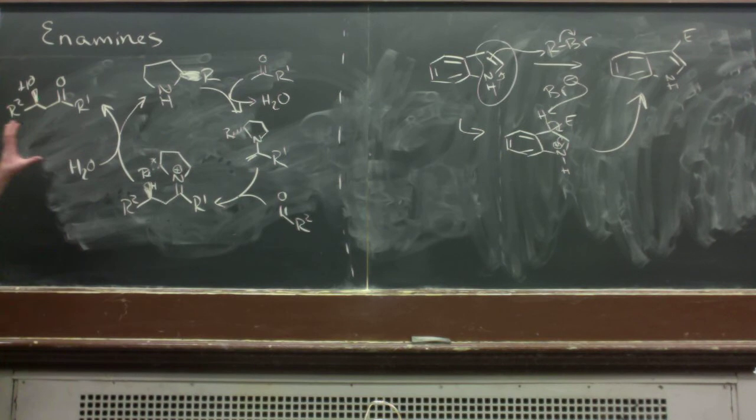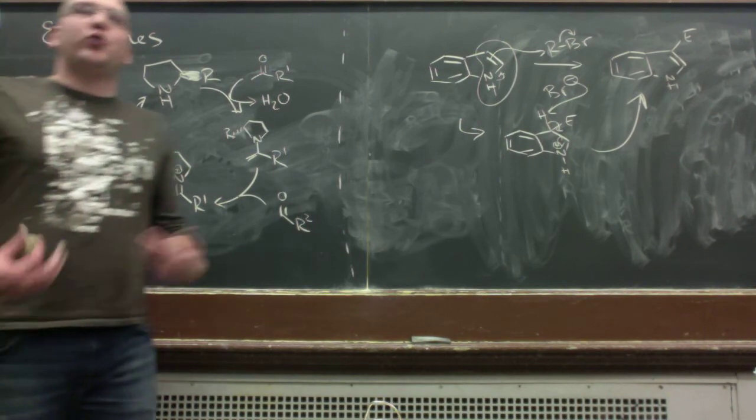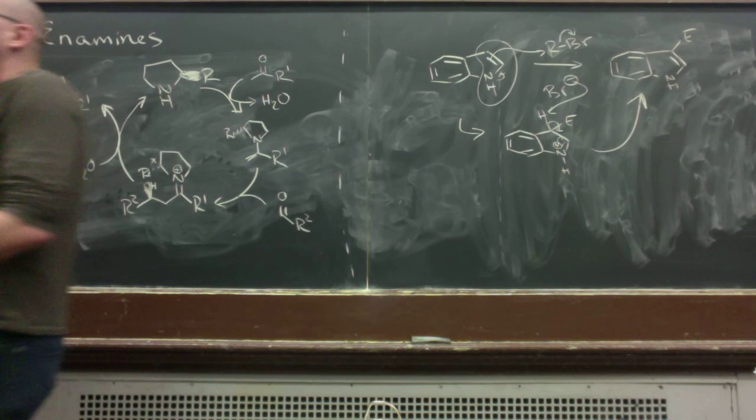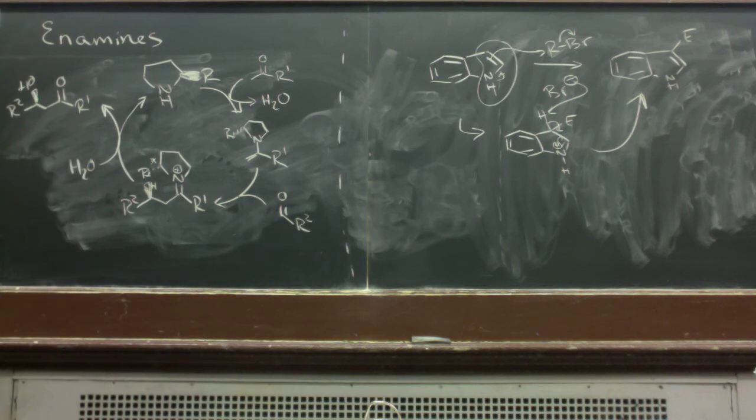And again, in part because chirality is something that you guys are all familiar with. You spent a lot of time learning R and S, learning all about why chirality is important, but we don't really spend too much time thinking about what the methods are that we can use to create chirality. And certainly enamine is one of the most well-known ways to get that.